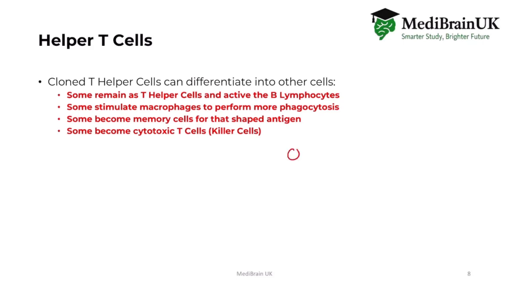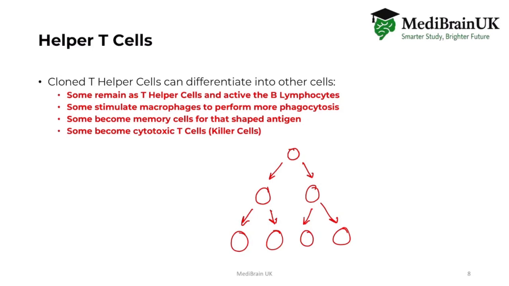We had one helper T cell which has been activated. This helper T cell will divide by mitosis to form many other T cells, and the T cells that are formed can differentiate into different types of cells. So some will remain as T helper cells, because obviously you don't want to get rid of all the T helper cells that you have.